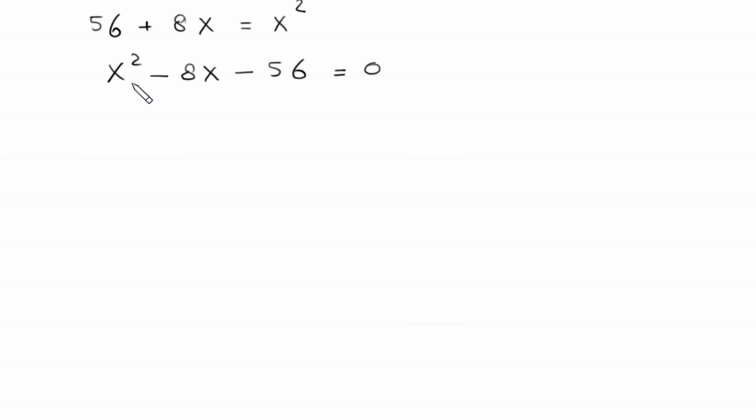Now this is a quadratic equation and is not factorable, but this can be solved by completing the square. So we write this x squared same as it is, and we write this negative 8 times x as negative 2 times x times 4.